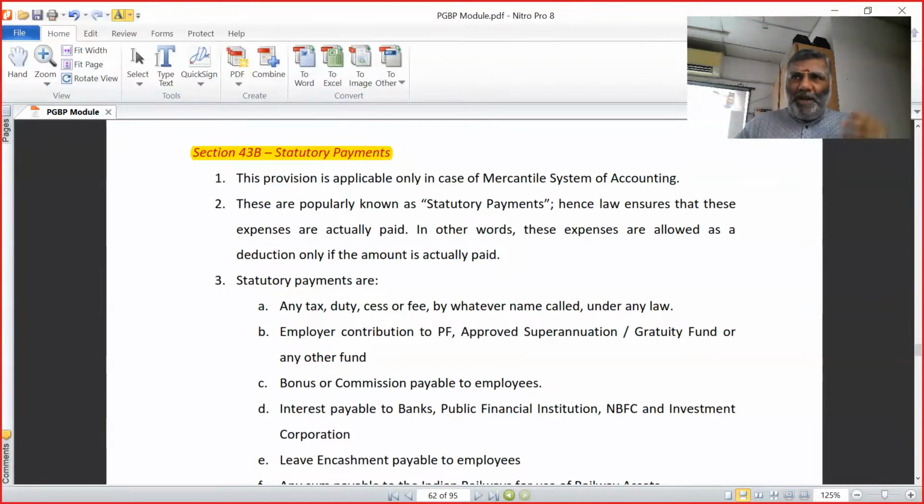Going back to extreme left, government: under that, A, tax, cess, duty. B, employer's contribution to statutory funds. C, payment to railways for using their assets.